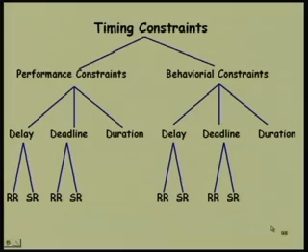Sir, can you say that the duration constraint is a special case of delay? Okay. So, the question is whether a duration constraint is a special case of a delay constraint. No. If you remember, we had said that a duration constraint is from a starting event for the duration to the end event of the duration, and there can be various types of constraints.